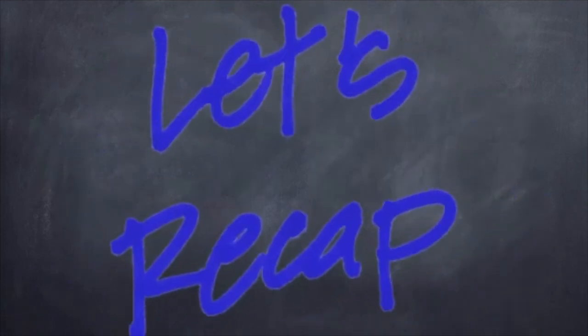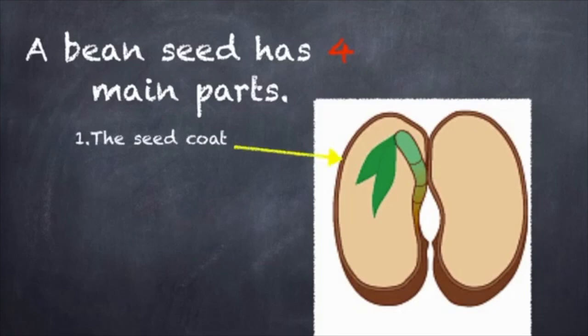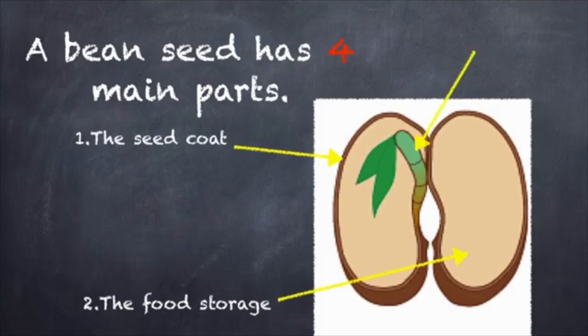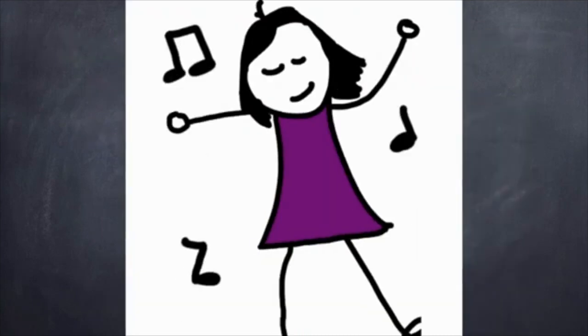All right, let's recap. A bean seed has 4 main parts: the seed coat, the food storage, the embryo or baby plant, and the leaves.